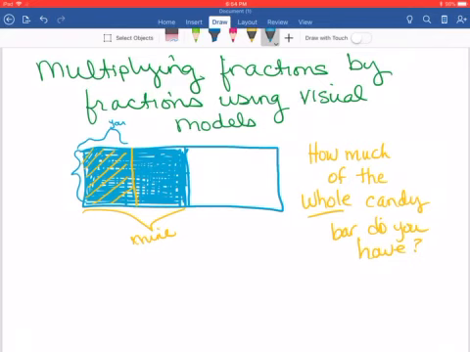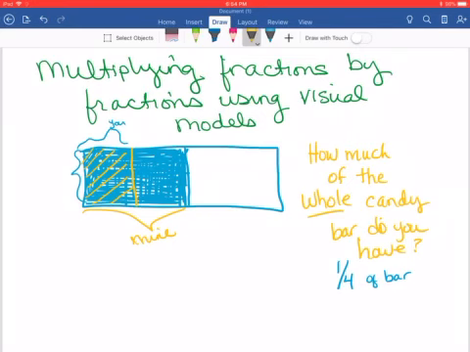All right. If you answered that you have 1/4 of the bar, you'd be correct. The best way to think of this is, if I do it on one side, I need to do it on the other.